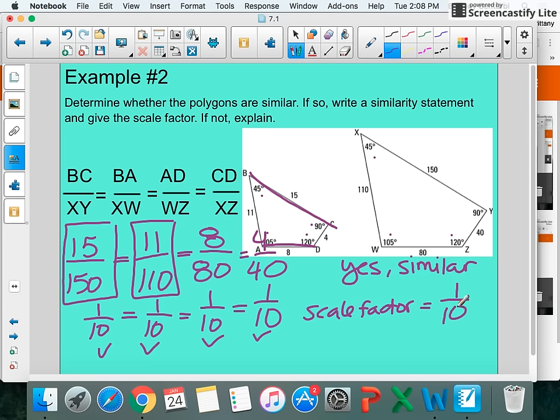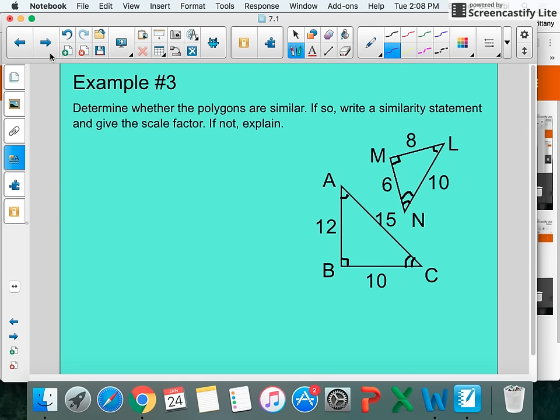So we're going to look at one more example. For example 3, we're first going to write our proportions out. We'll always start with your letters. I'm going to do the small to the big.